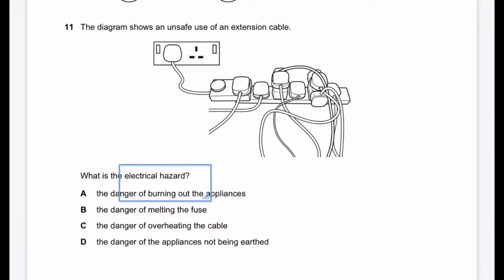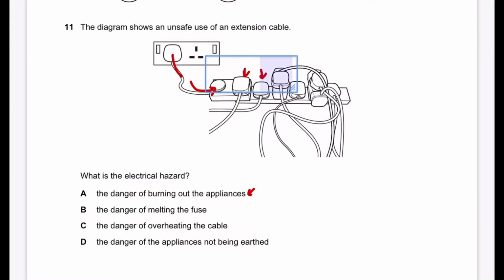A. The danger of burning out appliances. In the question, there's no information about appliances. It has mostly to do with the cables or the plugs, which is too many 3-pin plugs in a single extension cable, which is right here, being divided to many appliances.